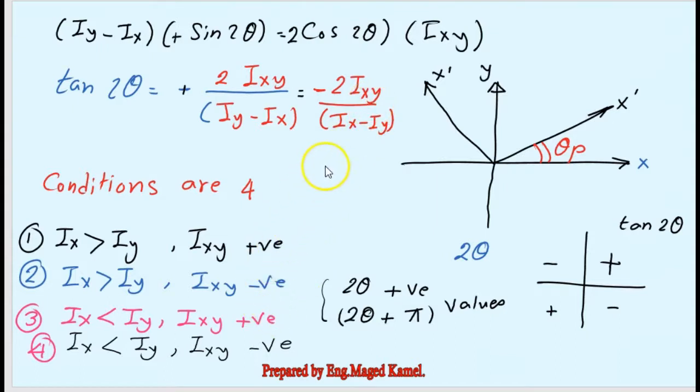Third case, Ix is less than Iy and Ixy is positive, and fourth, Ix less than Iy and Ixy is negative. And since this is the expression for tan 2 theta, we remember that tan 2 theta in the first quarter is positive, second quarter is negative, third quarter is positive, and last quarter is negative.